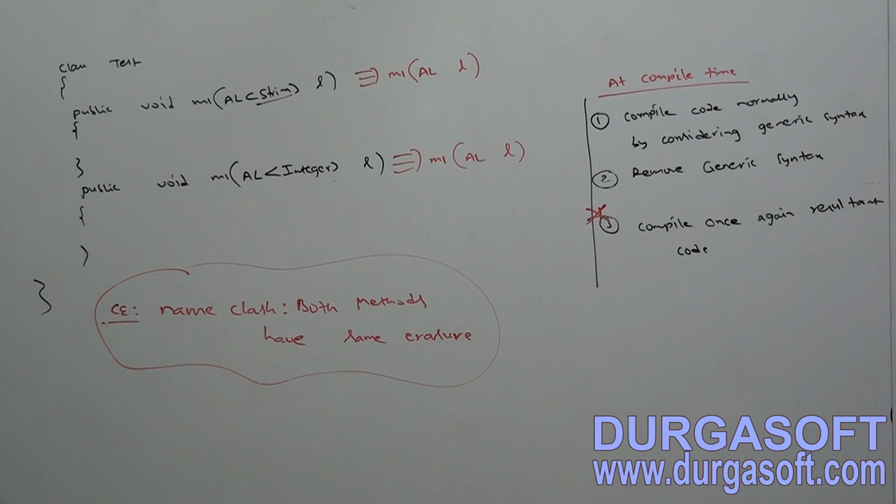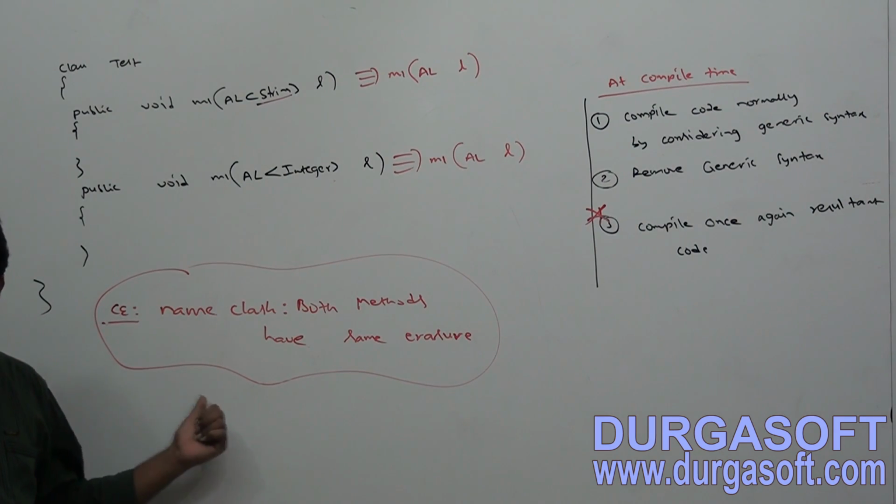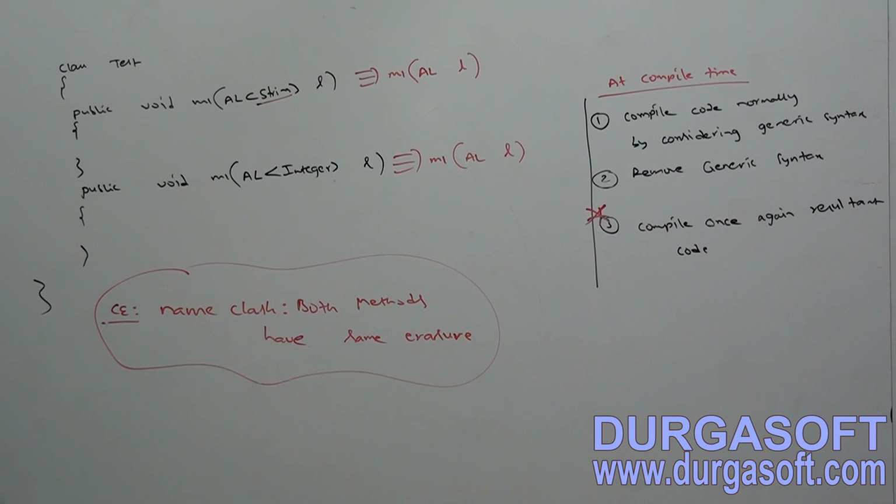So name clash because both methods have the same erasure. Completed, I hope. Both methods have the same erasure, right?